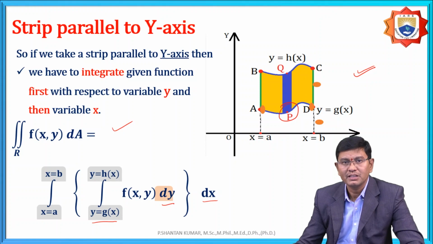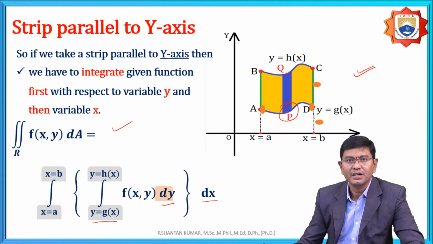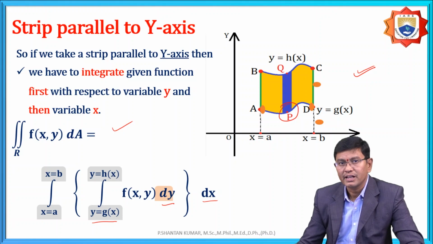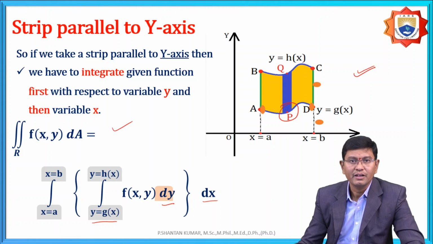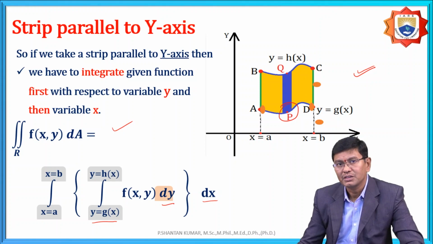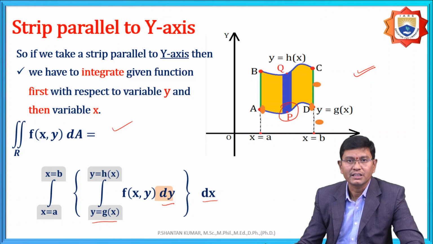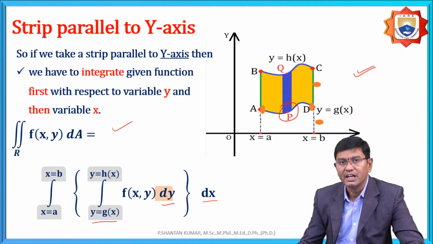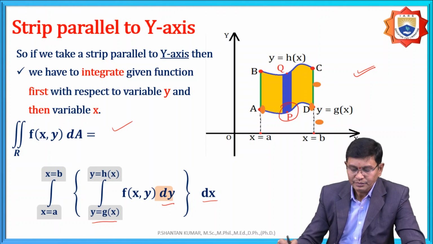Based upon parallel to the x-axis and parallel to the y-axis, today we are going to discuss how to change the order of integration. That means whenever the given function has x in terms of y, and the limits are in terms of y, it is treated as x, and we interchange them by using the change of order of integration.